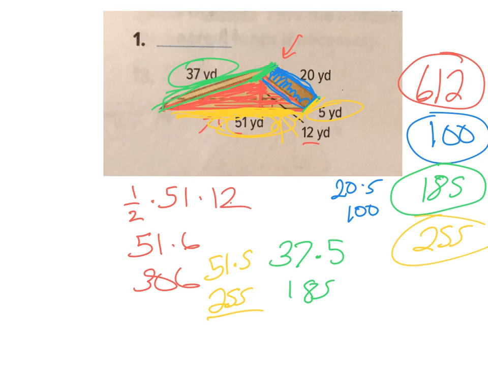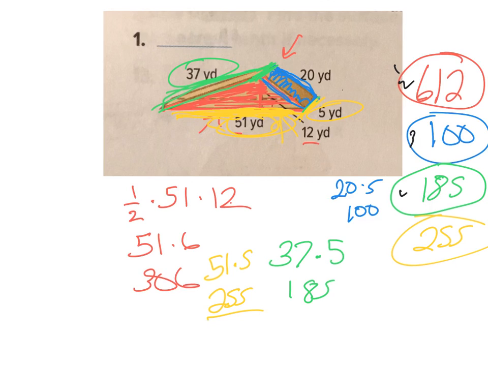Okay. Now, that gives us all of the sides. The red, of course, is 2 sides. This is another side. This is another side. This is another side. So we have all 5 sides.